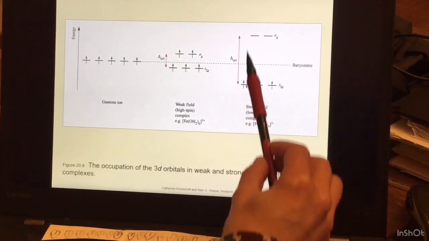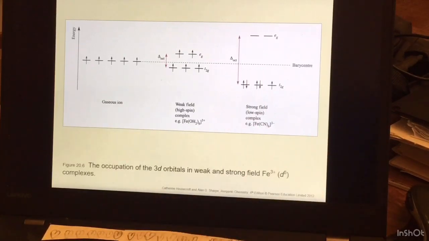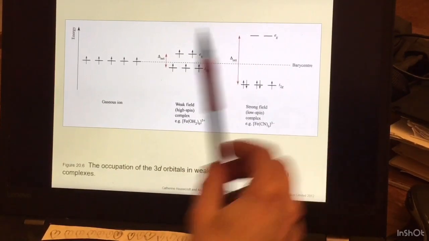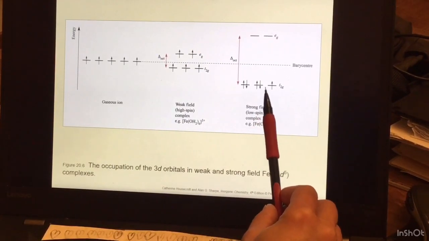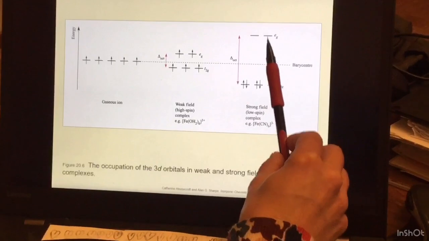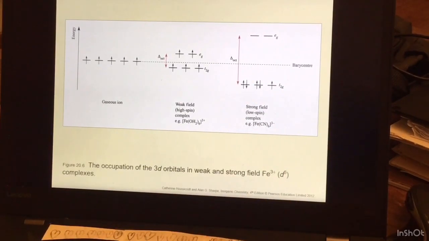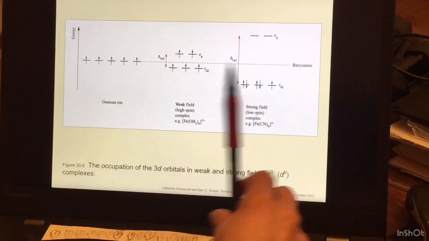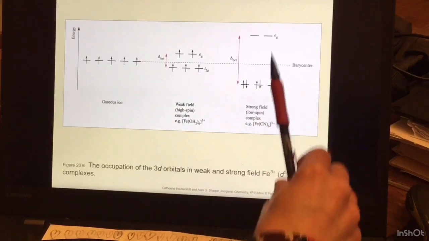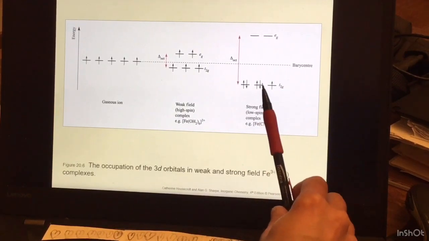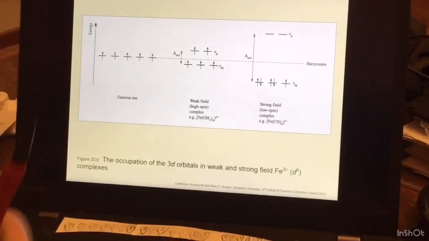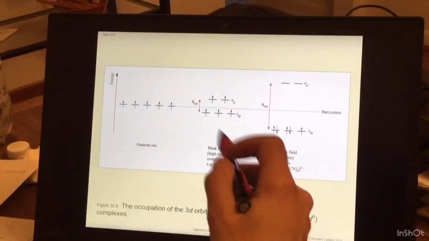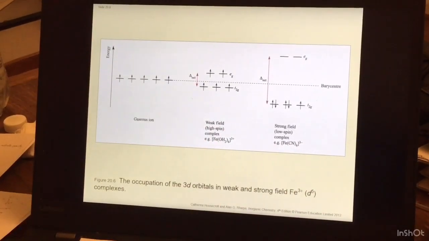Because there's a large difference in energy between the t2g and the eg set, those electrons don't have enough energy to occupy the higher energy eg set. The gap is just like in an insulator: it is too large, therefore the electrons don't have enough energy to jump from the lower set to the higher set.